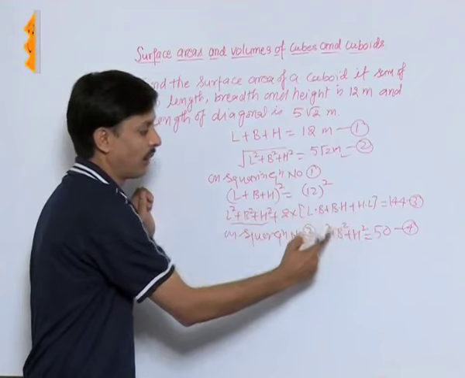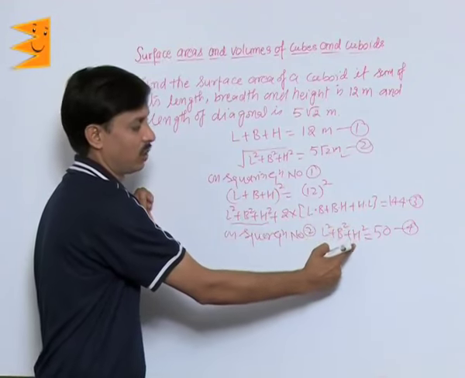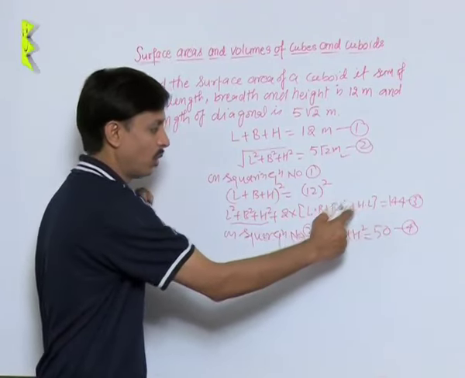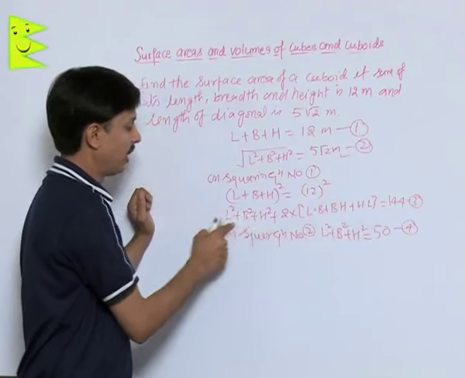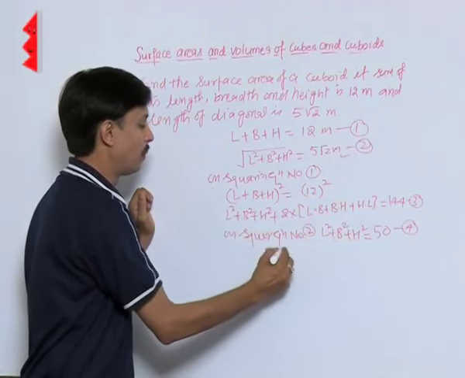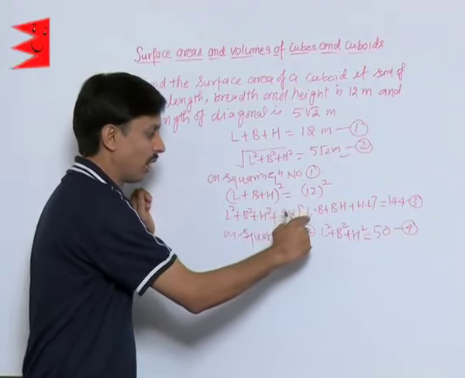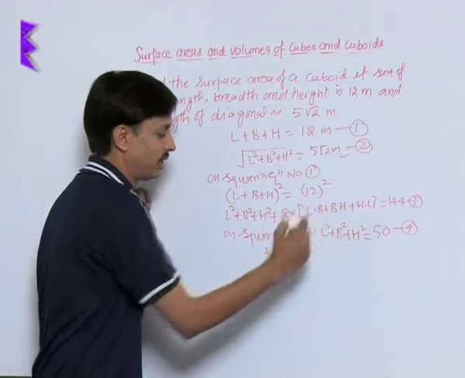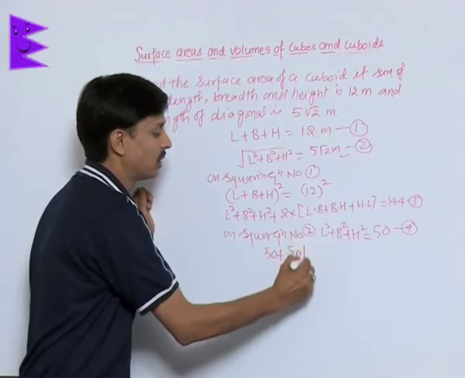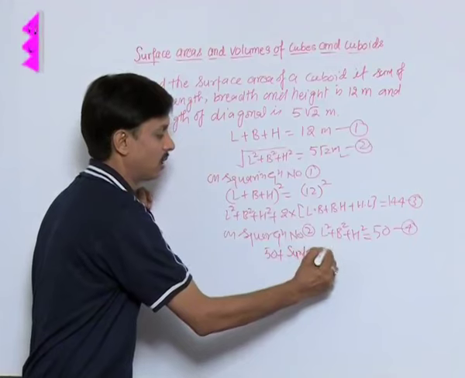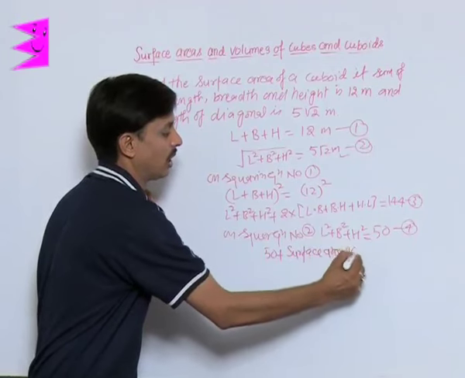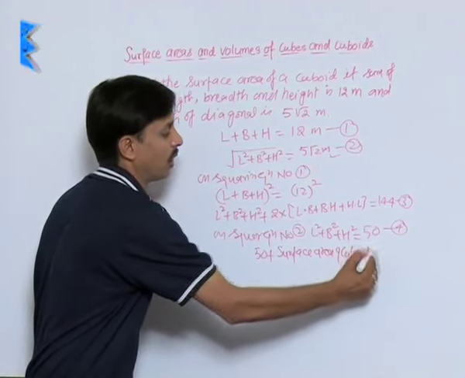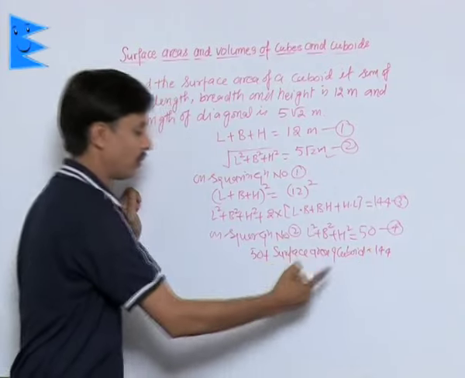If this value of L square plus B square plus H square from equation 4 is put in 3, then it will be 50 plus 2 into (L into B plus B into H plus H into L), which is the surface area of the cuboid. Surface area of cuboid is 144.